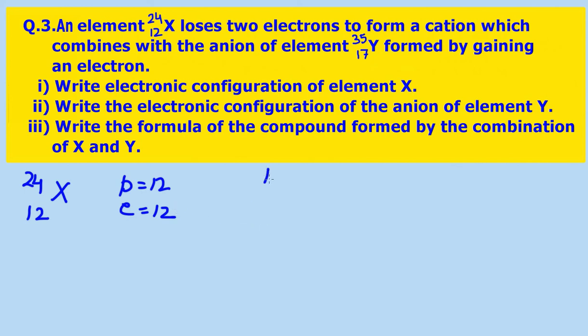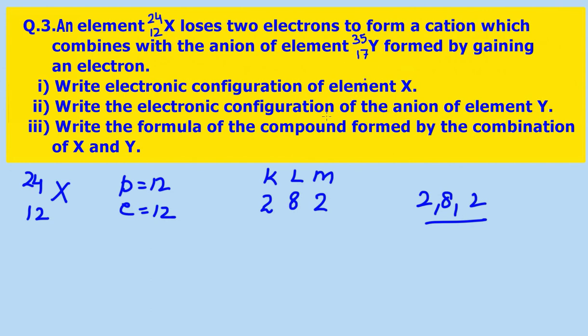So how will these 12 electrons be distributed? 2 in K shell and L can have a maximum of 8 electrons and 2 electrons will be in M shell. So its electronic configuration will be 2, 8, 2. And now come to the second part. Write the electronic configuration of the anion of element Y.